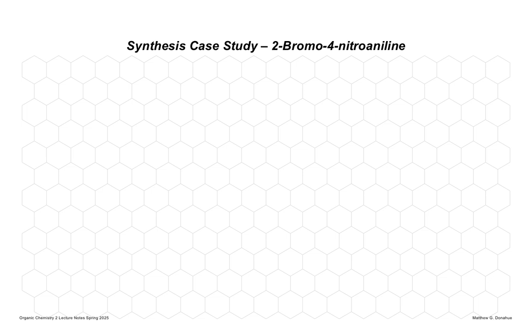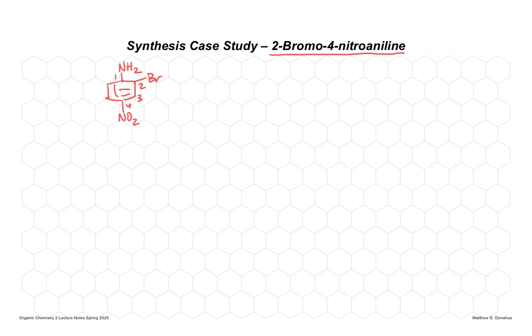So one last example of this, 2-bromo 4-nitroaniline. Again, since there's more than 2 substituents, we have to number the substituents separately.